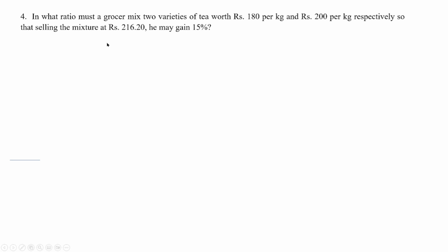So first we have to find the cost price, that is the mean price of the mixture. So this is the cost of the cheaper quantity. C is rupees 180 per kg and D is rupees 200 per kg. We need to find M. Now we know that selling price equals cost price into 1 plus gain percentage.